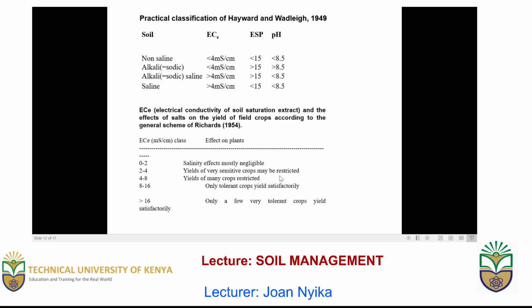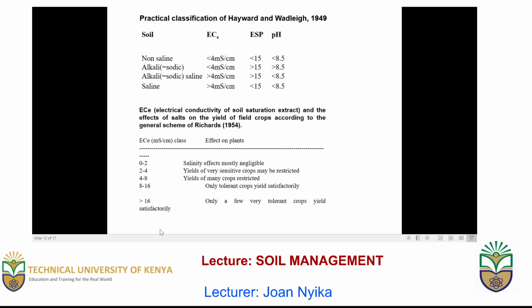When you look at another study by Richards, it shows the various electrical conductivity and exchangeable cation measures and their effects on the plant. For instance, if the exchangeable cation rate is between 0 and 2, the salinity effects are negligible. That is, they have no effect on plants and crop yields.